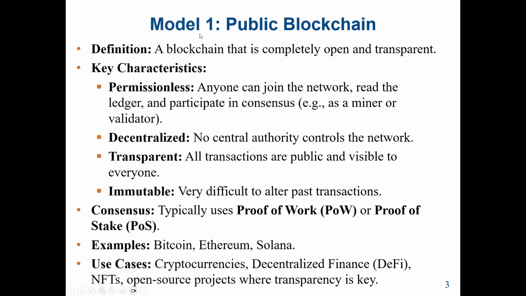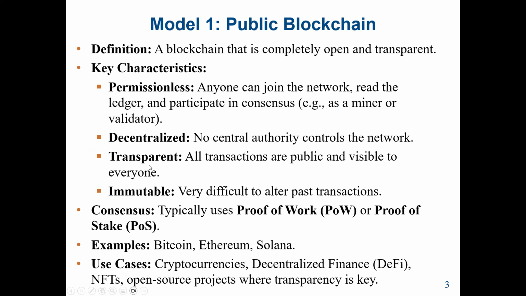So first we start with model one, which is the public blockchain. A public blockchain is permissionless. This means anyone can join the network, read the ledger, and also participate in consensus, for example as a miner or validator.